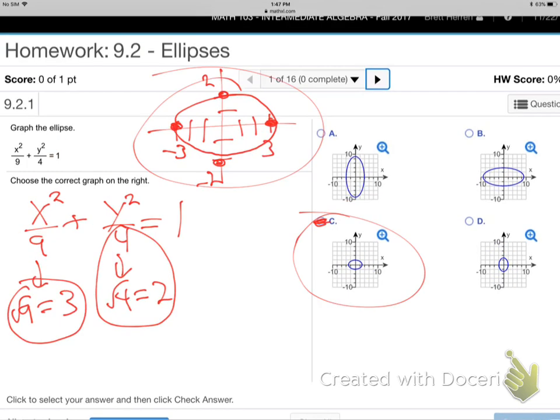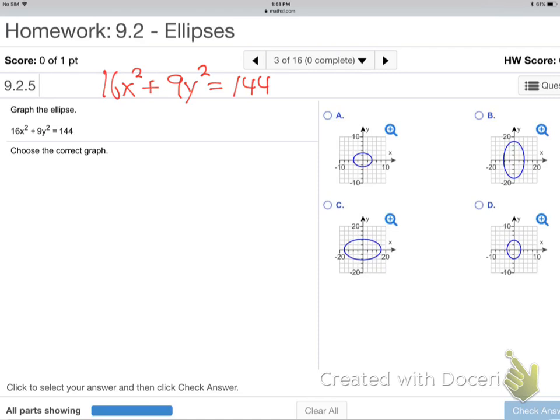Let's go back to what was on the right side here? 1. Yeah, you must, let me write, you must get 1 on the right side. You must get a 1 on the right side. You must. So how do I get a 1 over there on the right side?